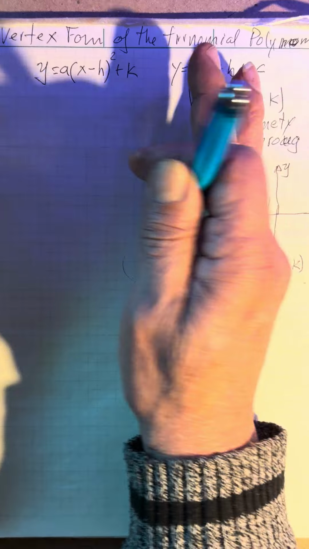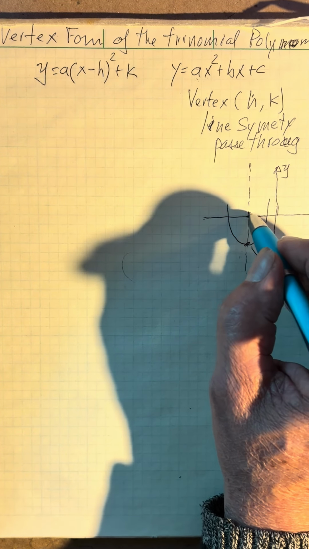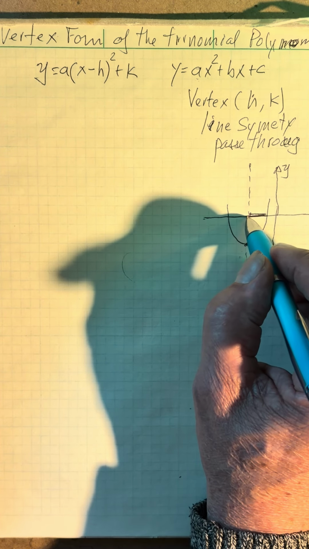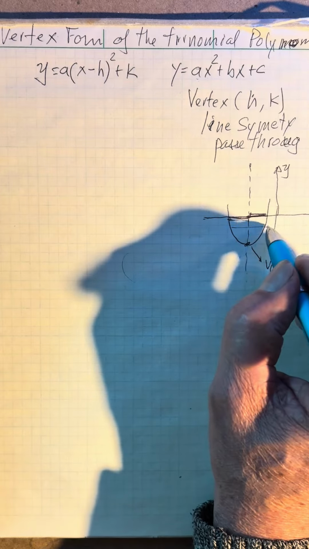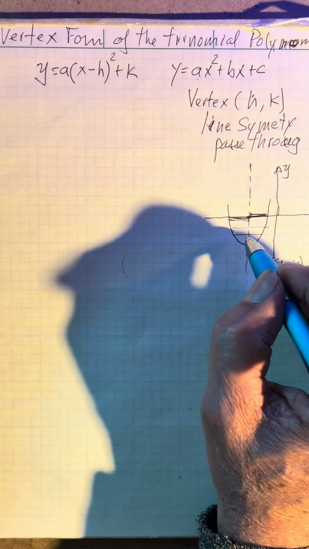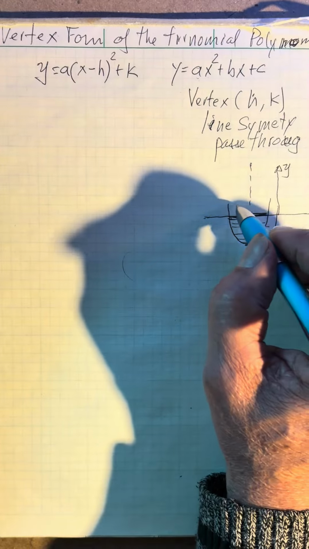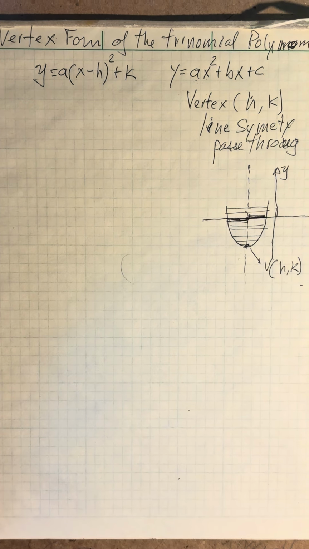So you can fold it like this. So this distance here is the same as this distance here. And so each horizontal line is symmetric.